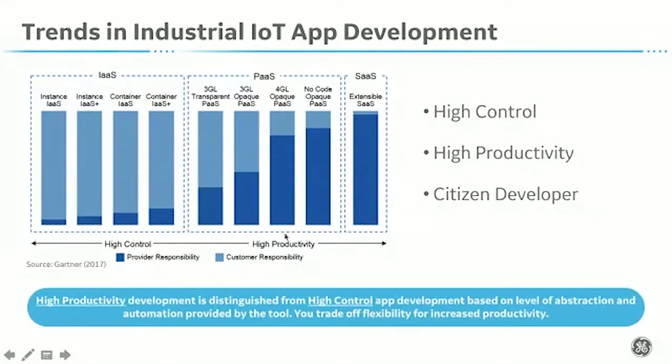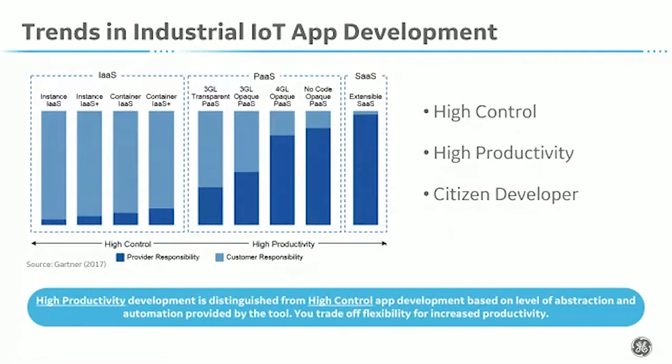So refresher, that high control environment, lots of options, customization, needs a lot of technical knowledge. And on the other side, you have that high productivity where some of those decisions have been made for you. You don't have as much flexibility, but can get that data in and visualizing faster. And the citizen developer, that domain knowledge and subject matter expertise.